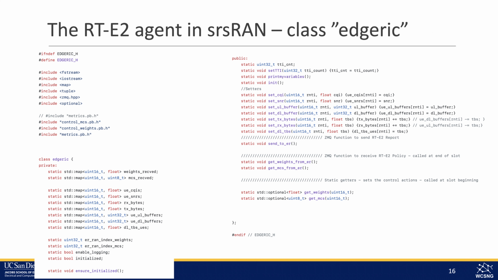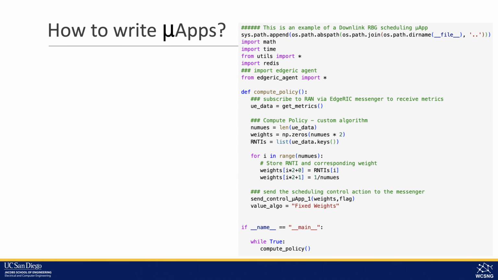Now, how do you write micro apps with this abstraction of our EdgeRIC class? All you have to do is, first, in your Python program, import the EdgeRIC messenger. You retrieve the RAN state by using the getMetrics function of our EdgeRIC messenger, and then you have all the metrics for each of the UEs available to you. Decode it and then compute some policy based on the states of each of the users for that particular slot.